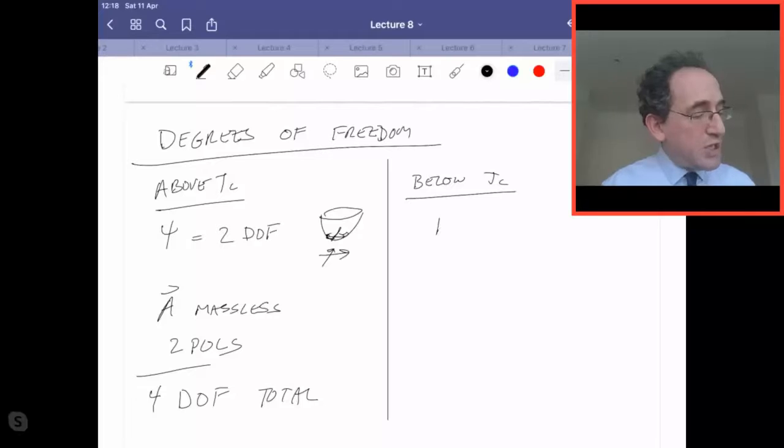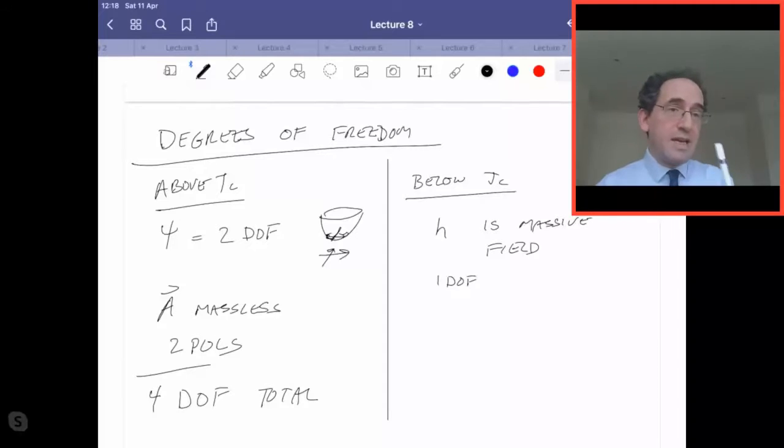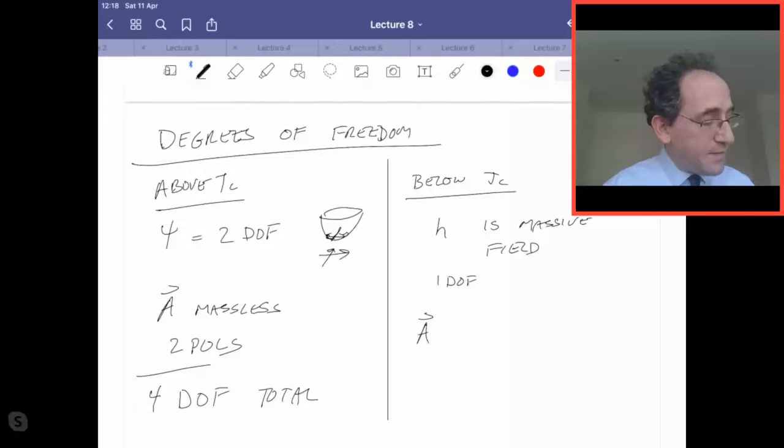We have H, a massive field. That's the Higgs field, but it's real. It's 1 degree of freedom. It's an oscillation in the radial direction of this Mexican hat. A is now massive, and a massive field has 3 polarizations, 3 degrees of freedom.